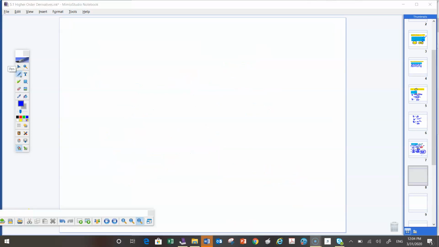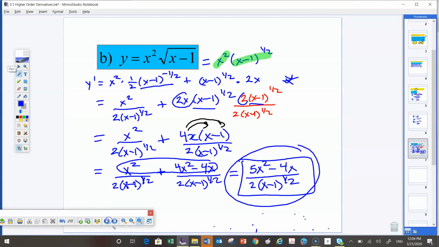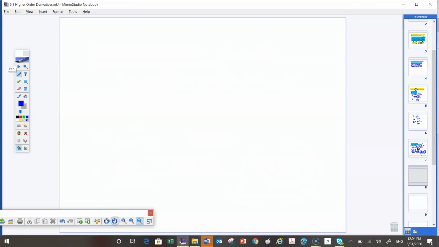Now we have to take the second derivative, which is going to be the derivative of our first derivative. So let's just copy down our first derivative here first. So it was 5x squared minus 4x over 2x minus 1 to the 1/2. And now I'm going to have to use the quotient rule.